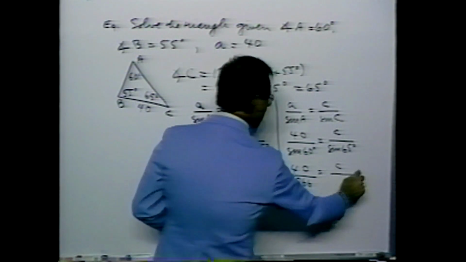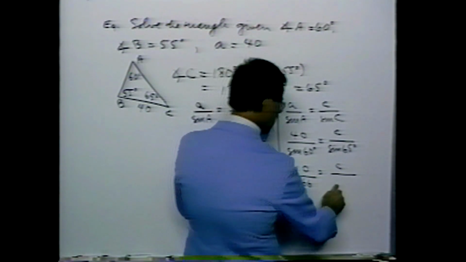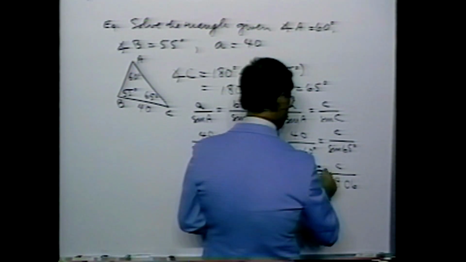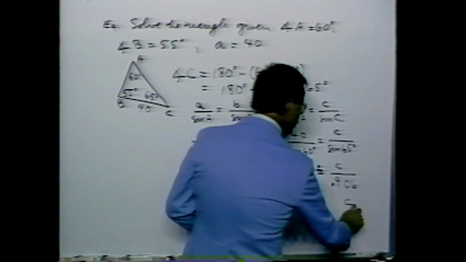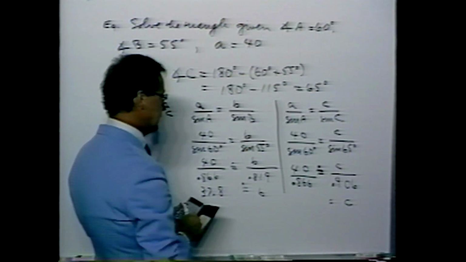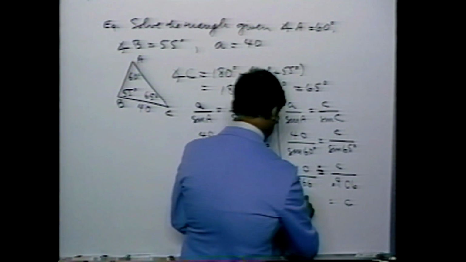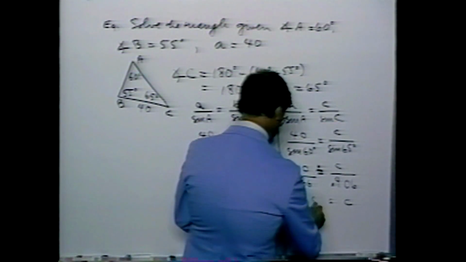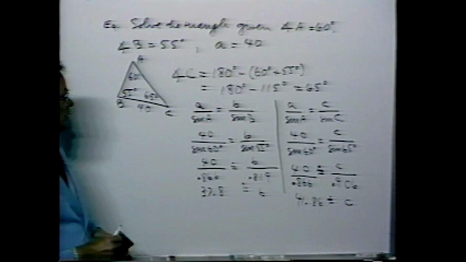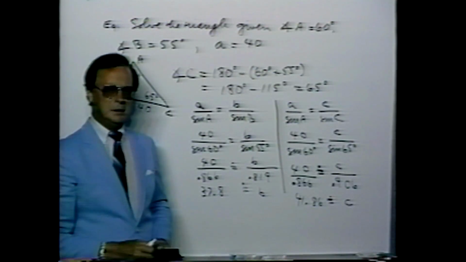Since we know them, we simply have to work out the sine of 65, and that's equal to approximately 0.906. C is therefore equal to the product of 40 and 0.906 divided by 0.866. And the answer is 41.86 approximately. And therefore, all of the components of the triangle are known, and hence the triangle is solved.